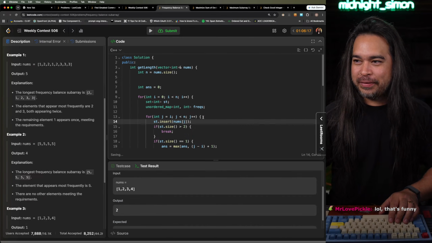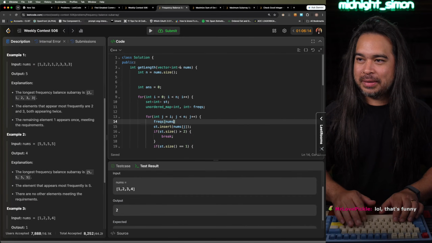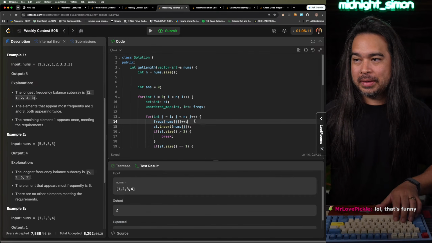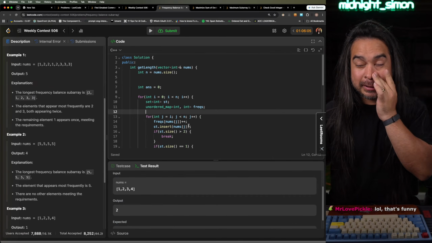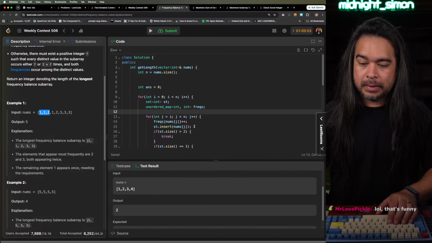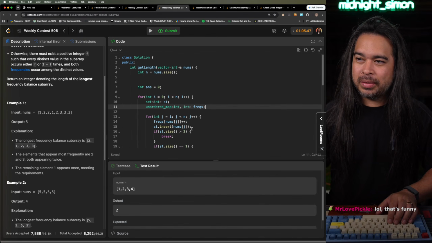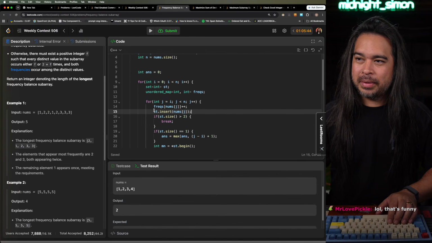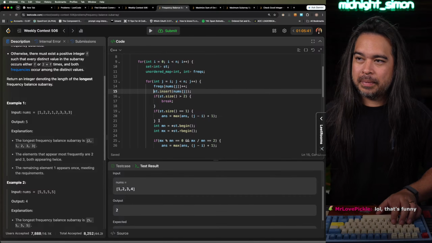All right, this is what I need, the frequencies. Oh man, this problem sucks. So the frequencies, I'm kind of doing it real weird.